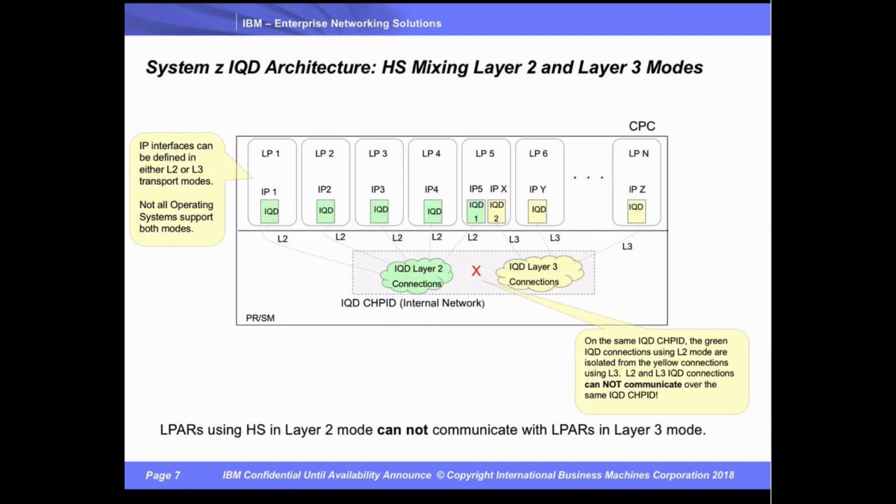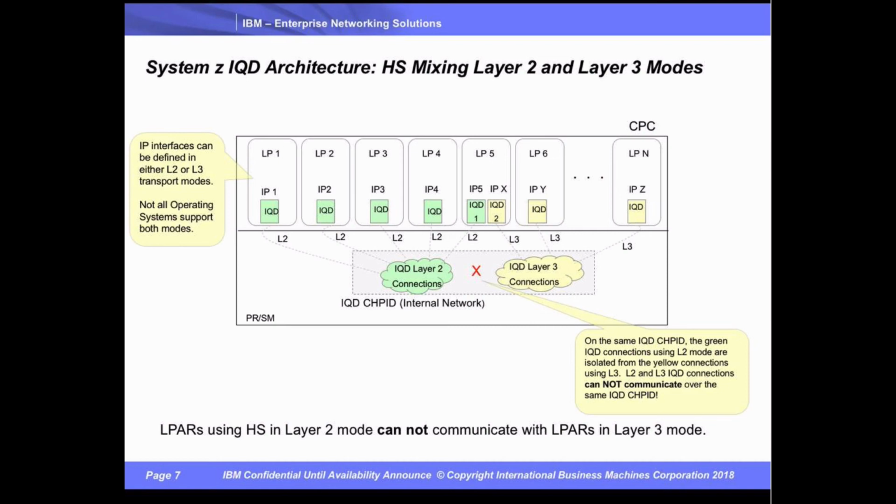Now on chart 7, I show an example of mixing layer 2 and layer 3 modes on the same HiperSockets channel chiplet. These LPARs can only communicate with LPARs that are using the same transport mode. So my layer 2 users are isolated from my layer 3 users. Some customers stumble across this accidentally, others understand this, and this is really the heart of what we'll be talking about today: the fact that the two modes are incompatible.